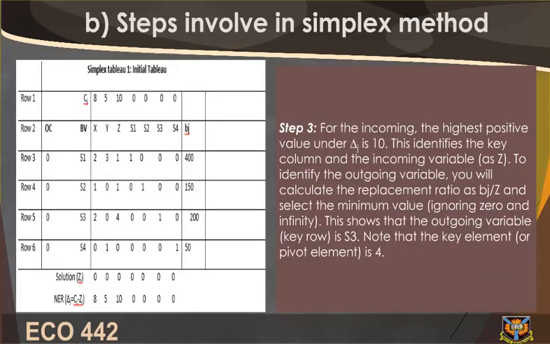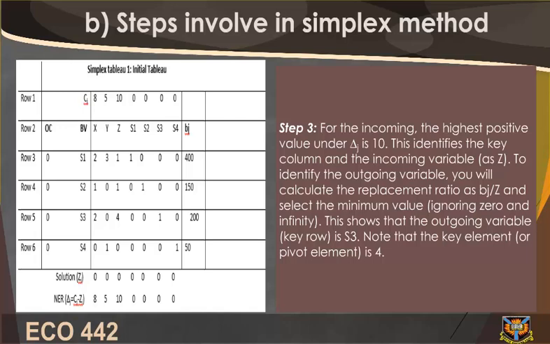Step 3. For the incoming variable, the highest positive value under triangle J is 10. This identifies the key column and the incoming variable as Z. To identify the outgoing variable, you calculate the replacement ratio as BJ/Z and select the minimum value, ignoring 0 and infinity.